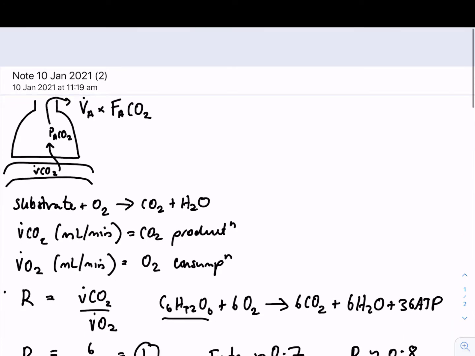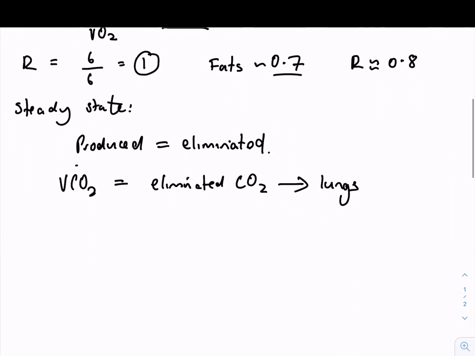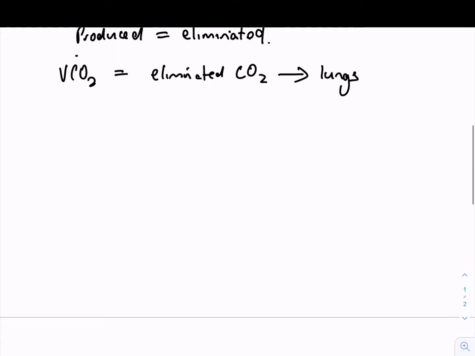Okay, so let's just go down here. So we know that if the amount of carbon dioxide produced is equal to how much is eliminated or breathed out, then V dot CO2 equals the amount of alveolar ventilation, which we'll call V dot A, times the fraction of carbon dioxide that occupies that volume.